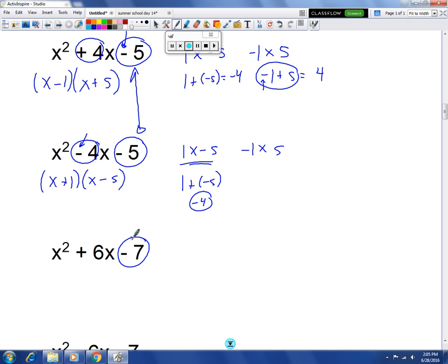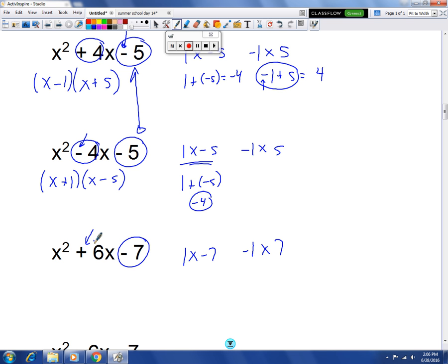Now it's a negative 7. Again, I'm starting with prime numbers because our list of factors is very short. 1 times a negative 7 or negative 1 times a positive 7. Try to get that concept down. Which of those do we use? We have a positive 6. So actually I'm giving you a little bit of a rule already.